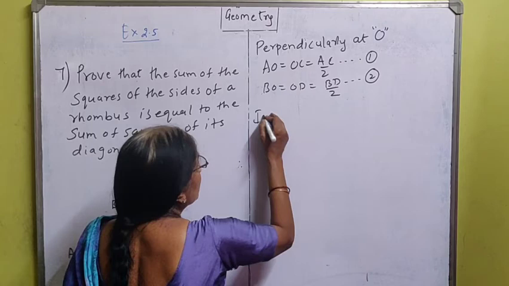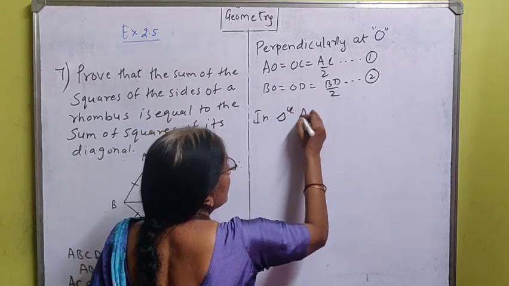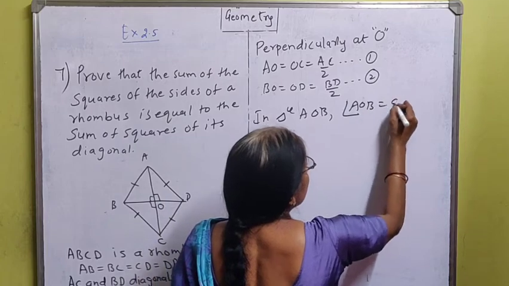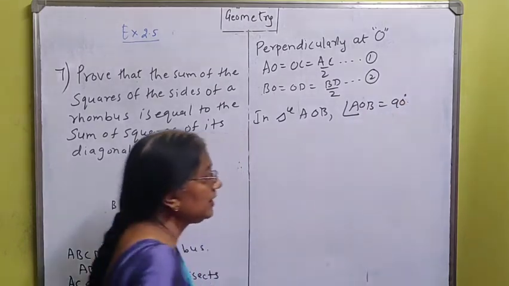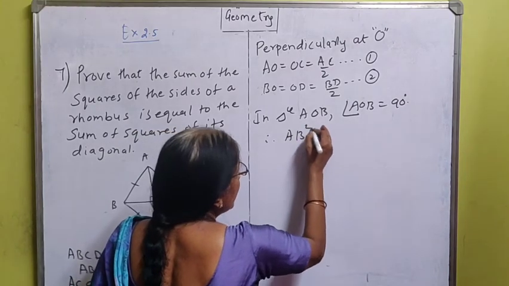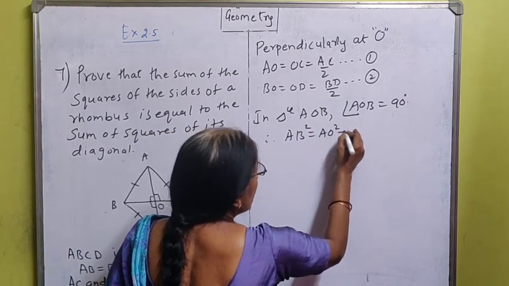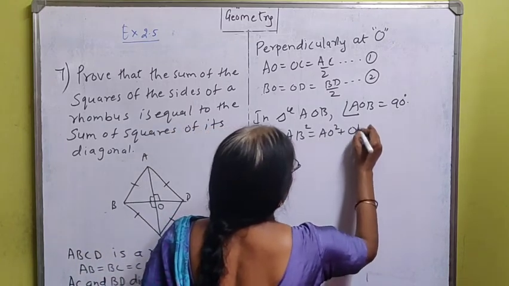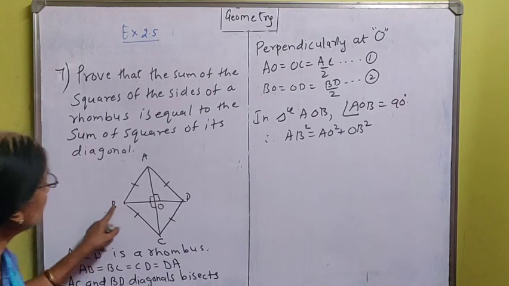So we take now in triangle AOB, angle AOB is equal to 90 degrees. Therefore, AB square is equal to AO square plus OB square.